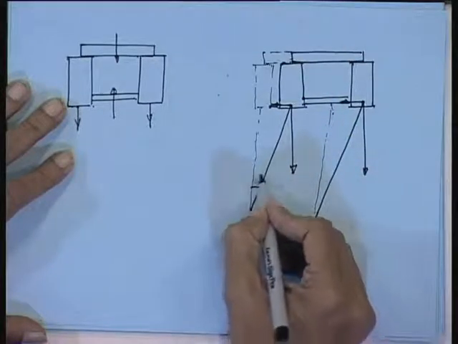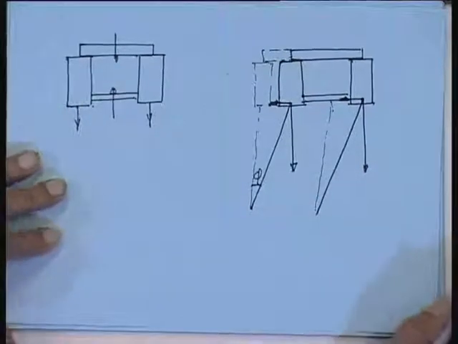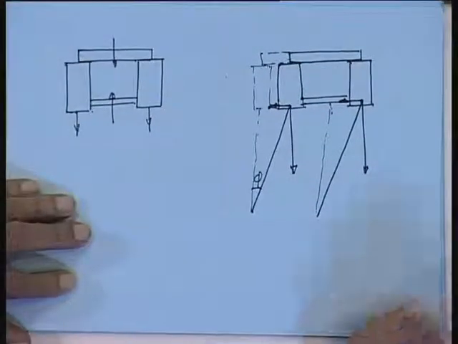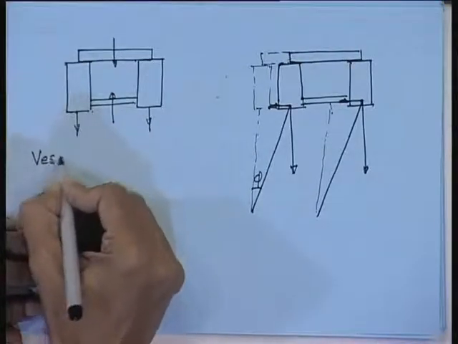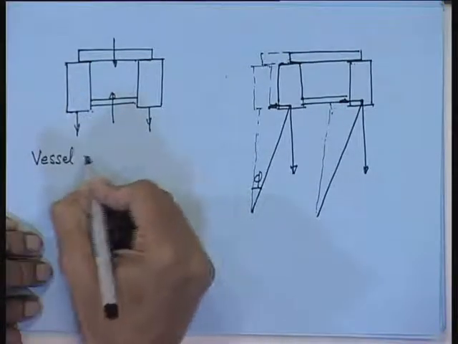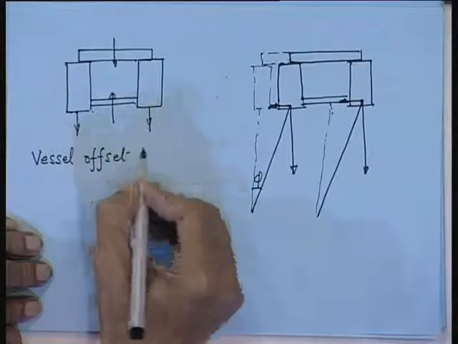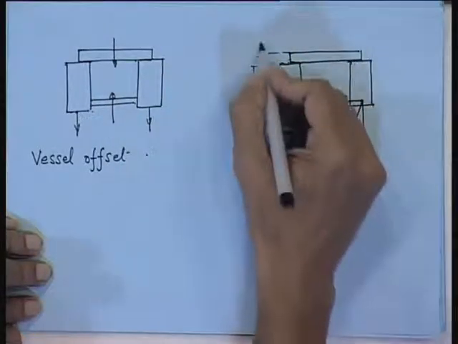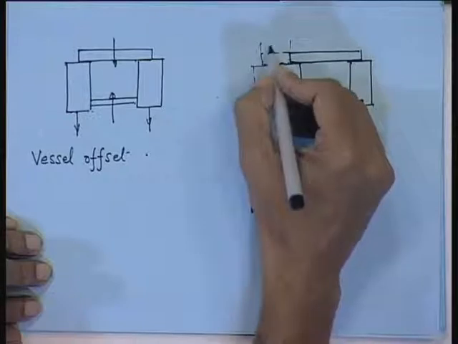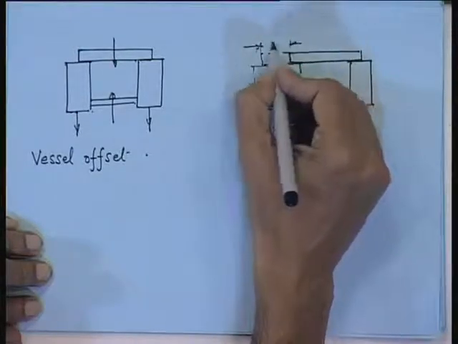You calculate this angle phi. So, you will find vessel offset created by, so your offset is, this is your offset or x, offset x.